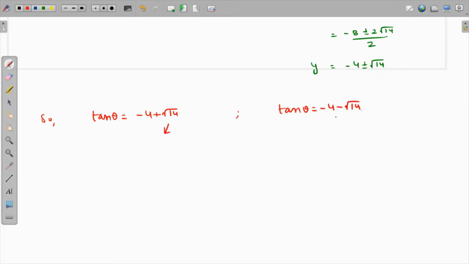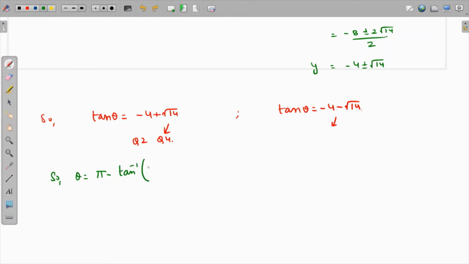Since both of these numbers are negative, and tan is negative only in quadrant 2 or quadrant 4, the value of theta is going to be in quadrant 2, that's going to be pi minus the reference angle, and the reference angle is tan inverse of the positive such number.